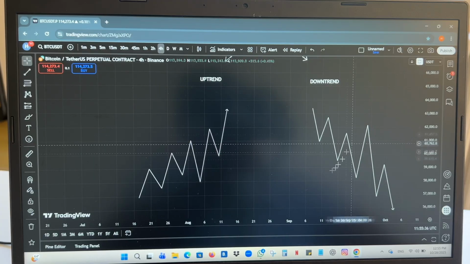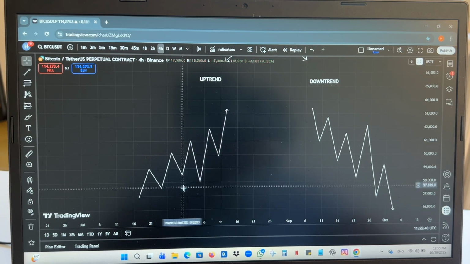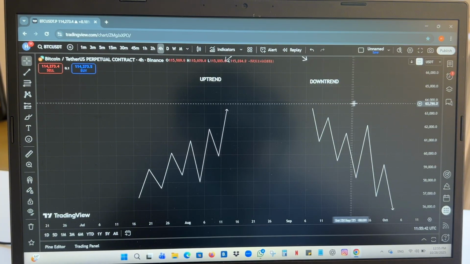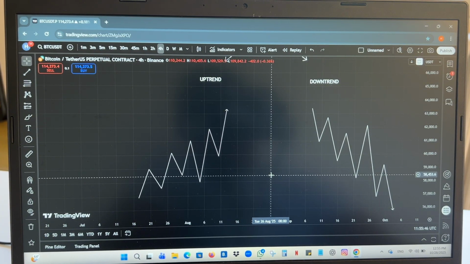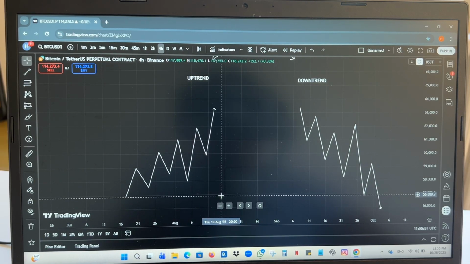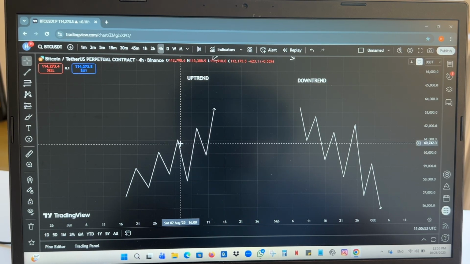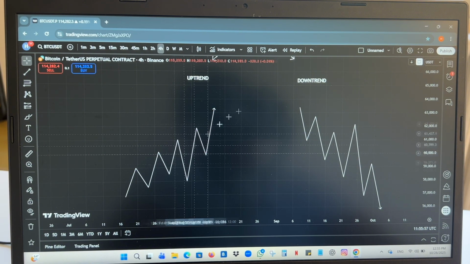Just like before, we identify an uptrend as a market making high highs and high lows, and in a downtrend we identify the market as making lower lows and lower highs. But in these kinds of scenarios, as you can see, the market has gone a bit further in an uptrend.